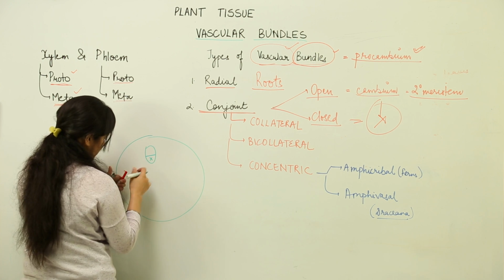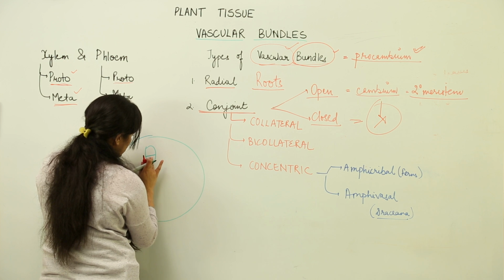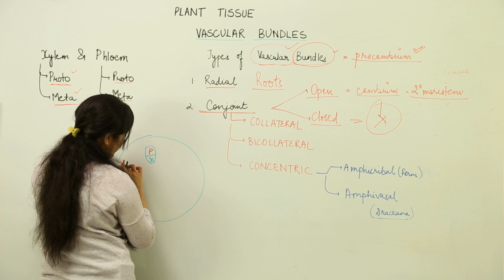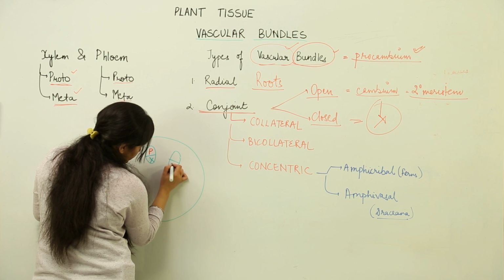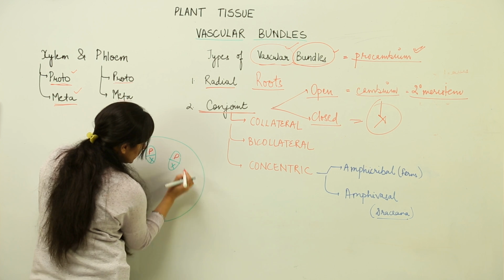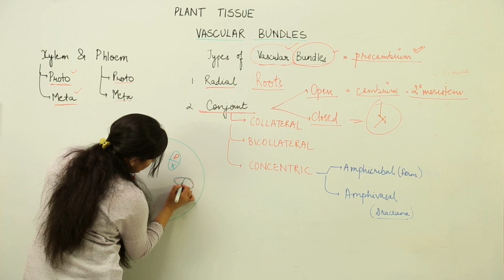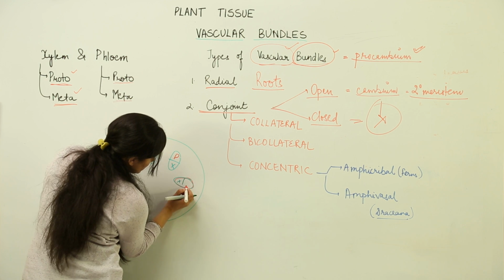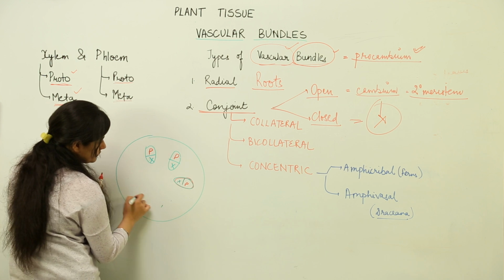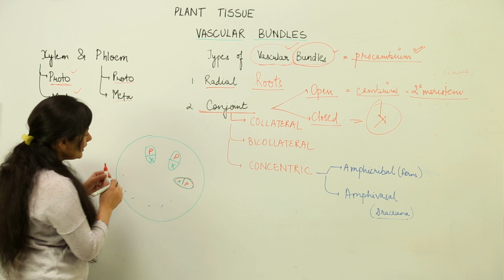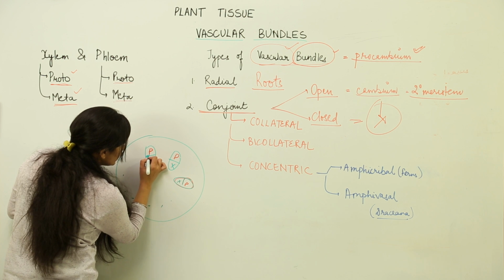I used green for xylem only, and this is phloem. Such would be the condition when the vascular bundles would be conjoint, and so on.